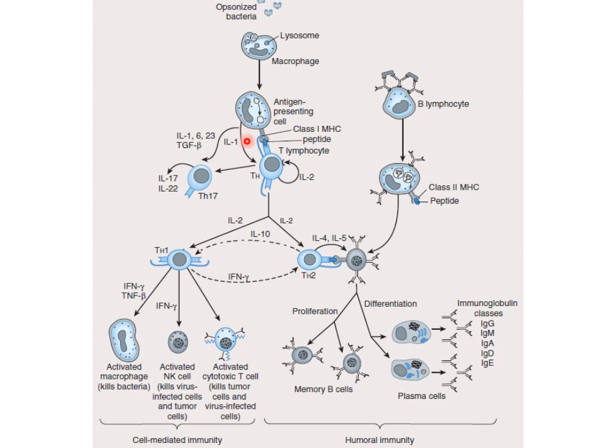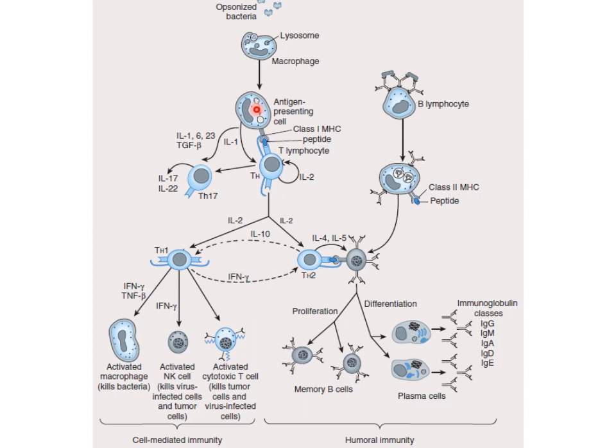So this is the first step of the activation of the T lymphocyte: engagement of the antigen presenting cell to the T cell by the binding of the MHC peptide complex with the T cell receptor. And also a co-stimulatory signal 2 is required for the activation of the T cell, as we discussed in the previous slide.